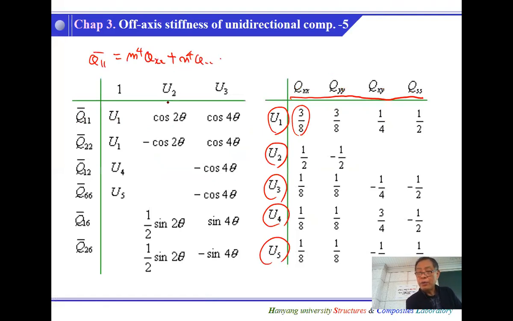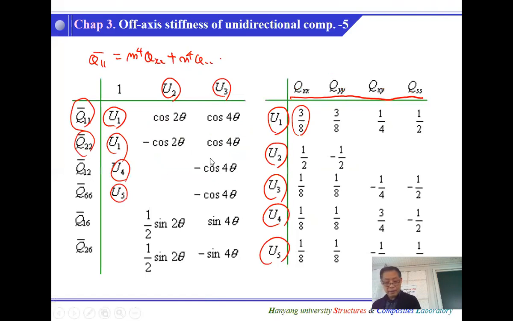Instead of that, we now have alternative relations. Now U1 is given in terms of here, U2 here, 3 here, 4 here, and 5 here. So this is another way of expressing this off-axis stiffness in terms of on-axis stiffness.